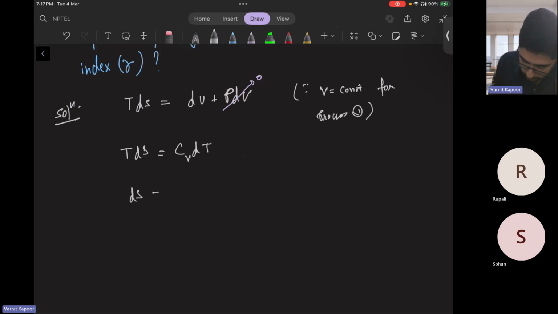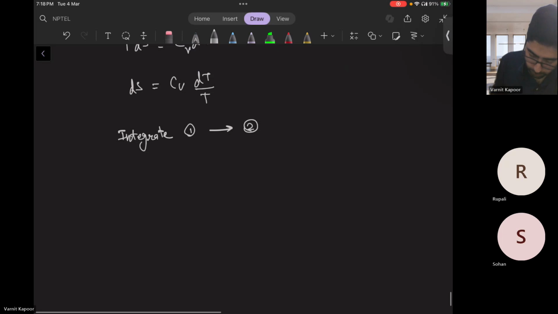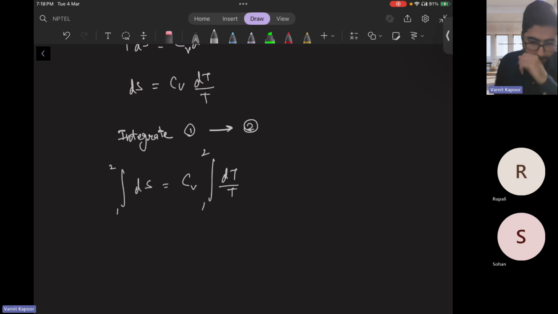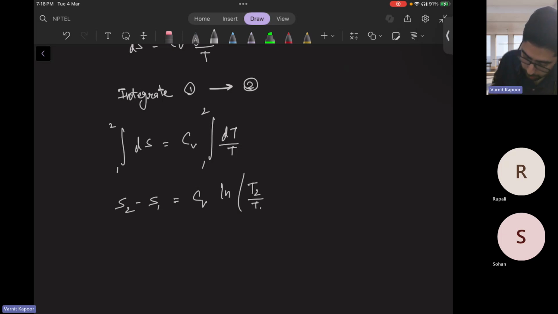So dS is equal to Cv dT by T, and you can integrate from 1 to 2. From 1 to 2, the integral of dS is S2 minus S1, the entropy at point 2 minus the entropy at 1, which is equal to Cv ln of T2 by T1. You got the entropy for the first process.